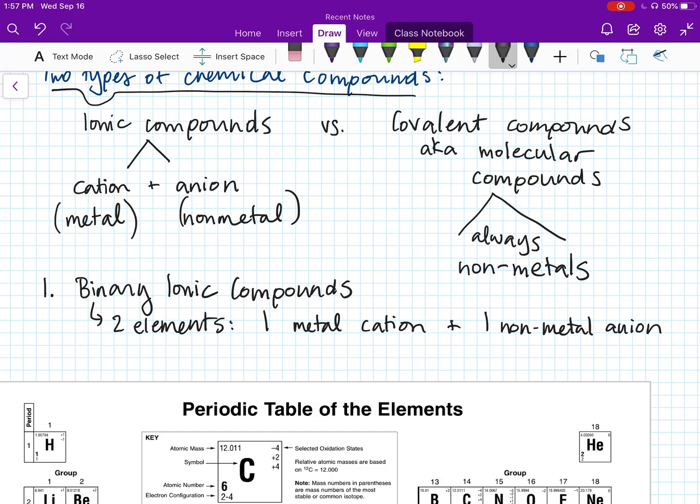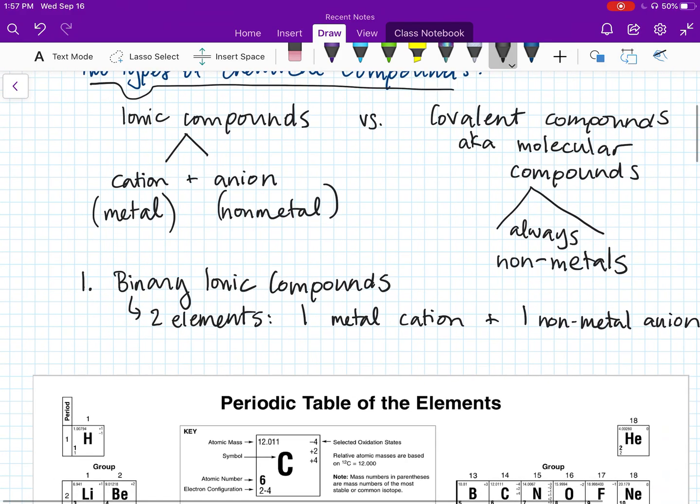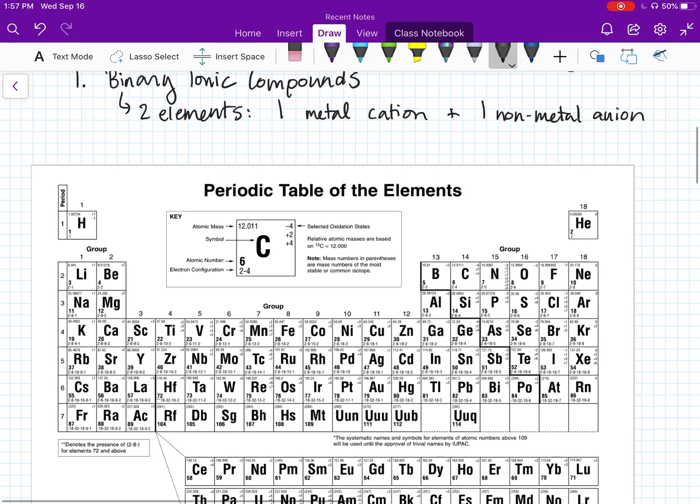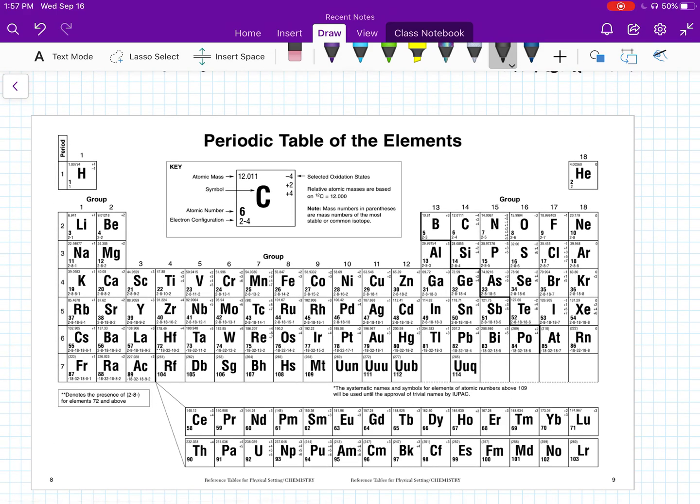Now, in order to name binary ionic compounds, first we have to look to the periodic table, and here you have to start being able to correlate names with symbols. So I want to go through this table quickly, just the first four rows. As I call out the names, I would like you to repeat them after me, because I want you to start to get fluent in the language of the periodic table, the language of chemistry.